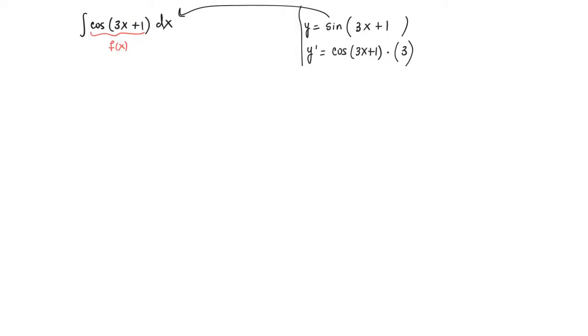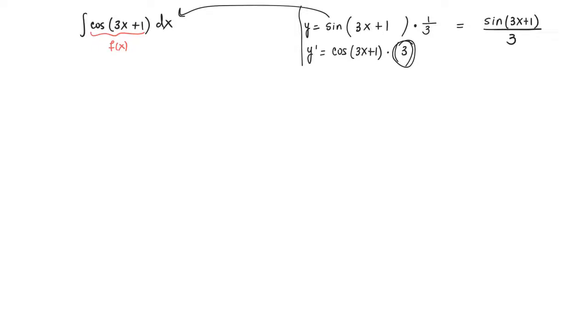So then, in order to eliminate this factor of 3, the original expression has to have a factor of 1/3. In other words, what I need is sine of 3x plus 1 divided by 3.